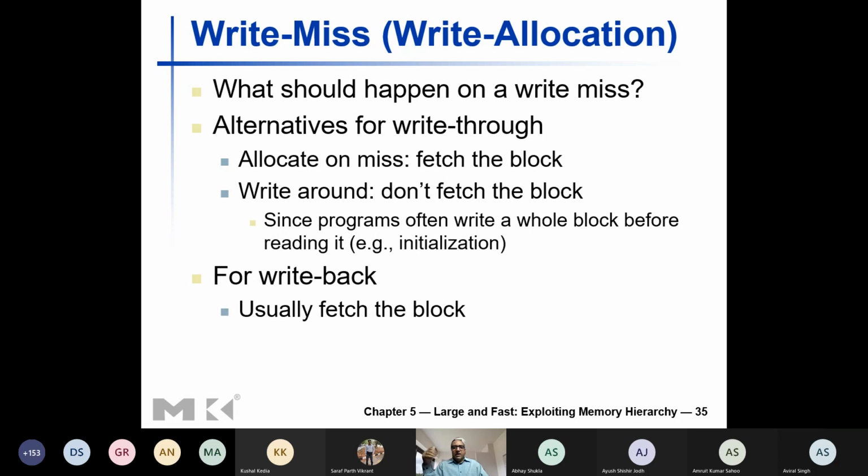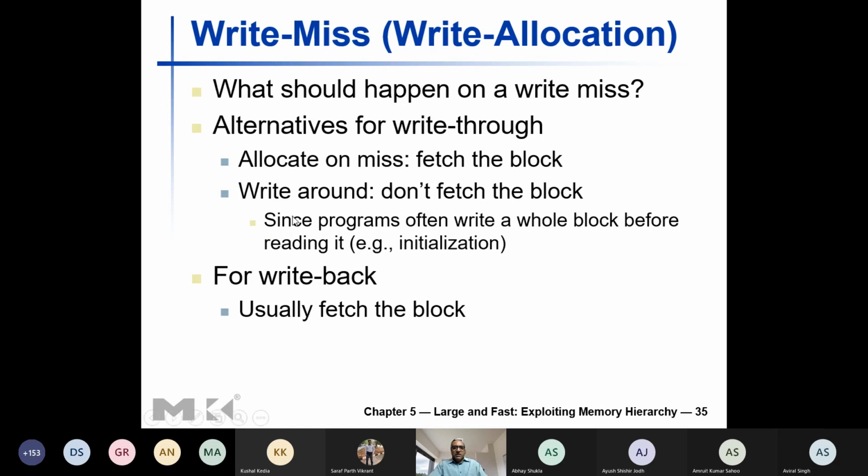This is known as allocate on miss. That means if a miss occurs, first you allocate the space, bring that block, and then perform the write.